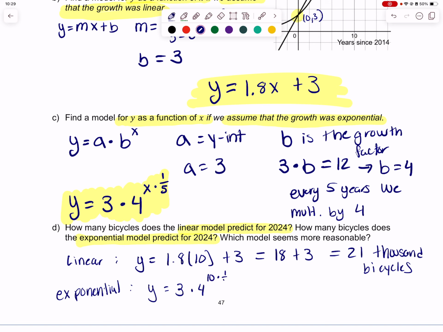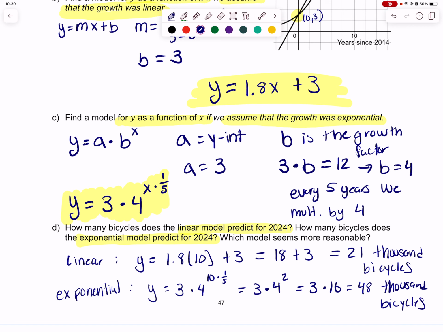So I have 10 times 1/5 in the exponent. So then 10 times 1/5 is just 2. So we have 4 squared there. So then 3 times 16. This gives us 48, to give us 48,000 bicycles.